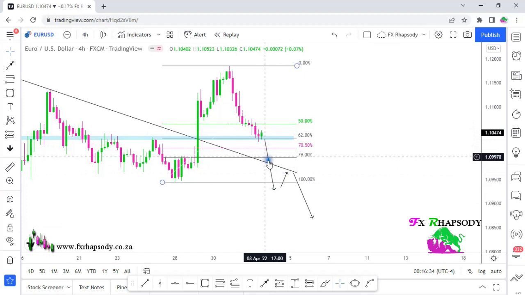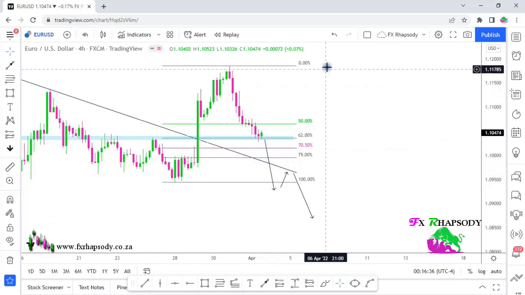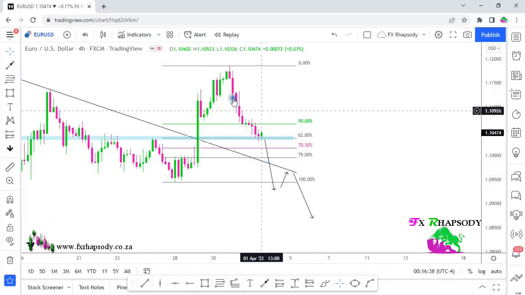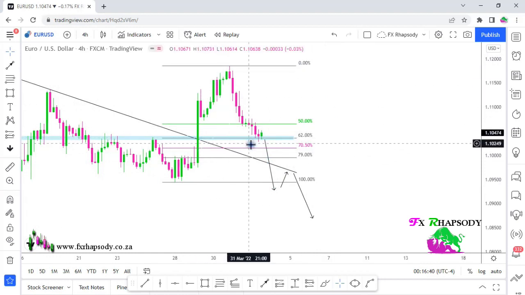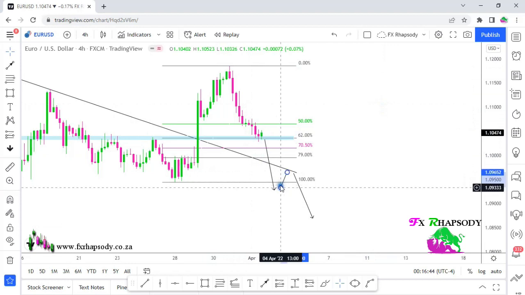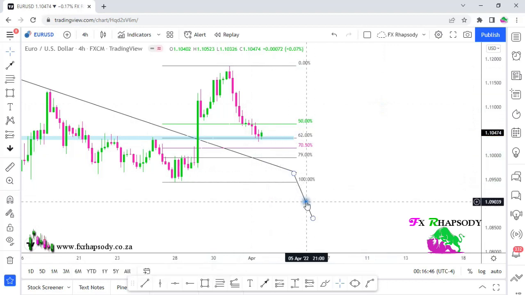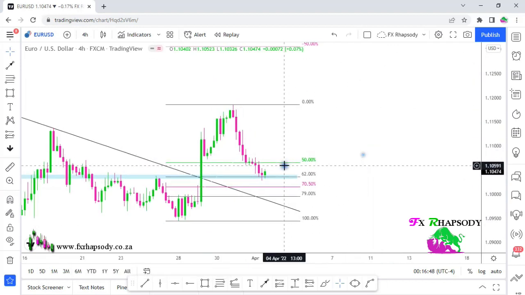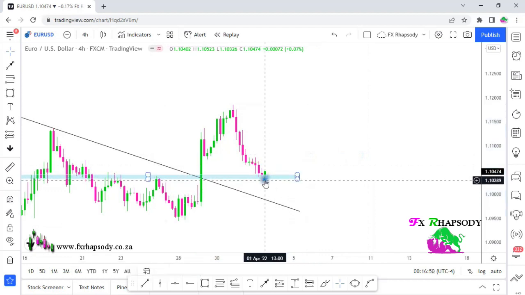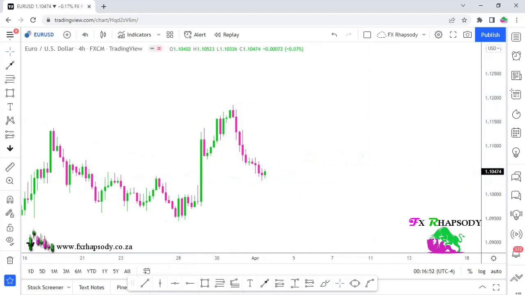If it comes and bounces another time and then moves to the upside, you're making a retest basically. So that is why I'm saying leave your stop loss there. It just makes sense, guys. Then you know you are in the wrong direction.